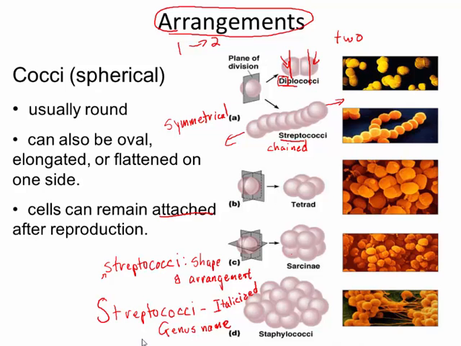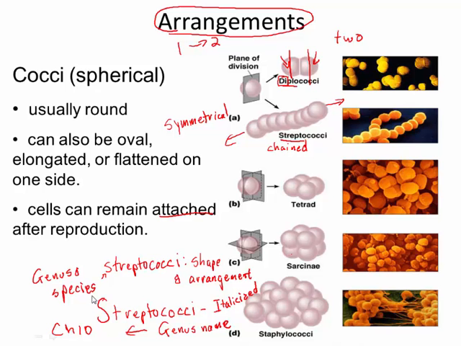Now here's what I would like you to do. I want you to go to chapter 10, and I want you to look up the genus and species name, in the part of the chapter where they discuss the hierarchy, the nomenclature, how we describe bacteria. I want you to look at what a genus name and what a species name mean. And I want you to be very careful this semester.